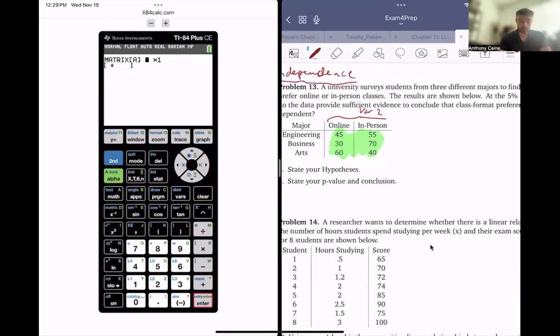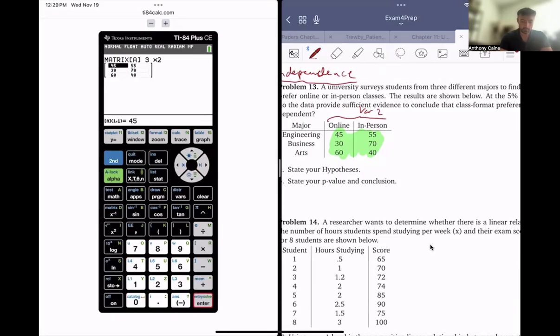How big is this data? It's 3 rows and 2 columns. If you ever forget, the moment you hit enter, you'll see if your matrix size agrees, and then you can change those entries as needed. So, I have 45, 55, 30, 70, 60, 40.